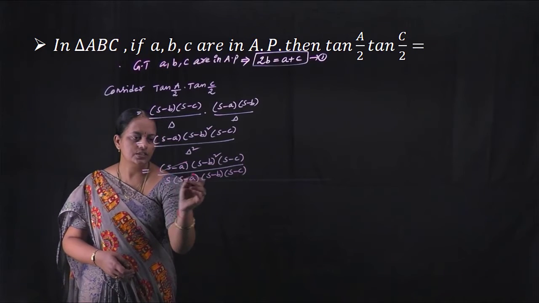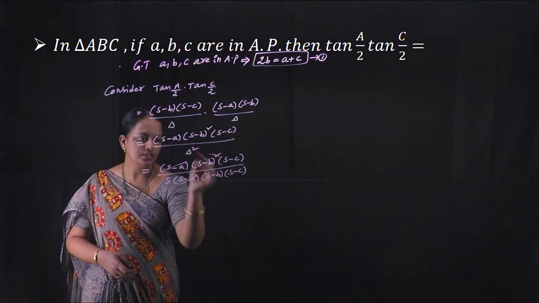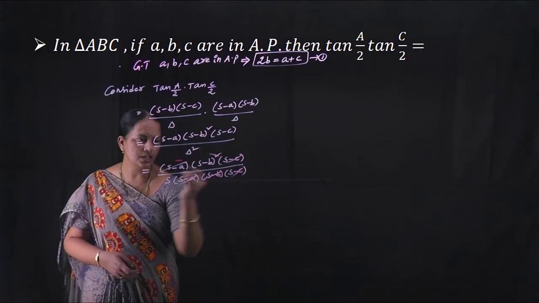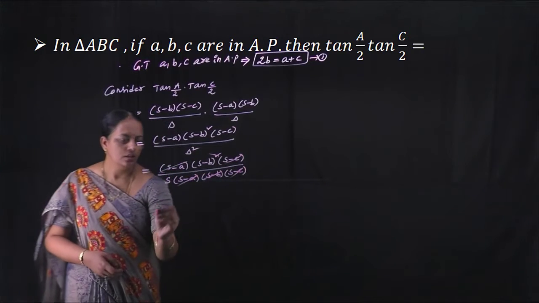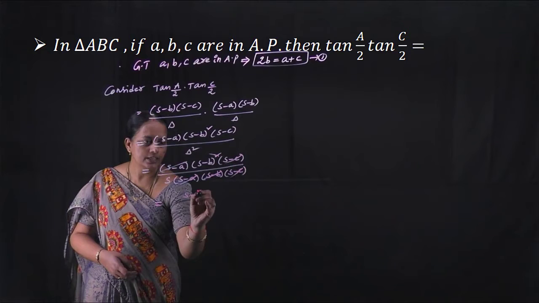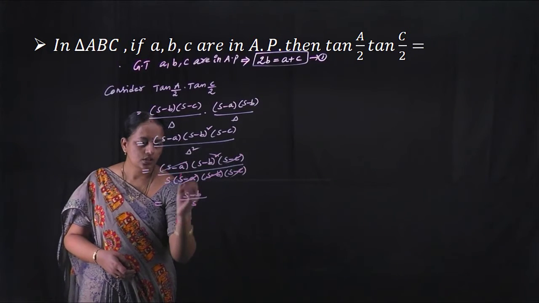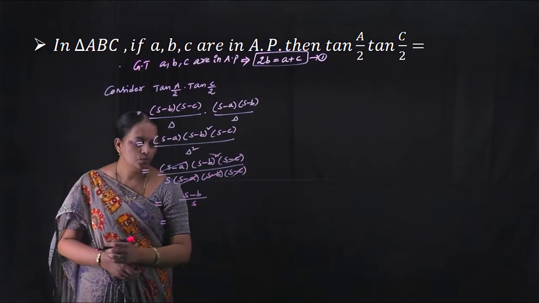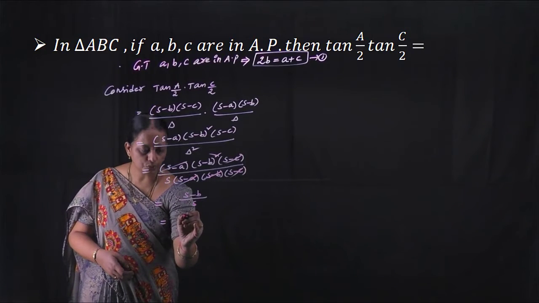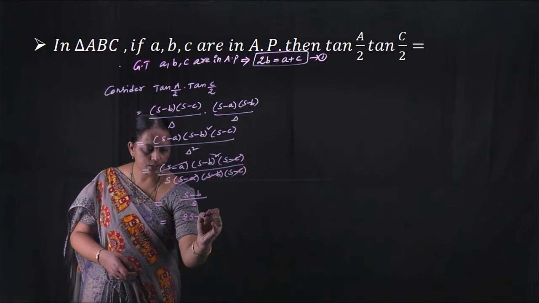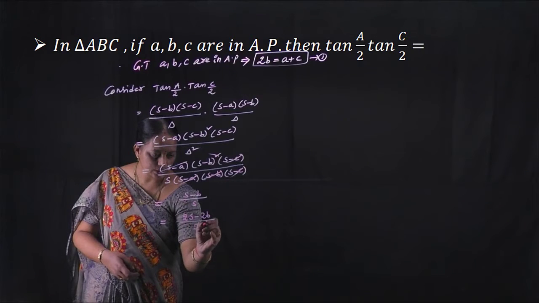Here (s minus a)(s minus a), (s minus b)(s minus b), (s minus c)(s minus c) gets cancelled. This is equal to (s minus b) by s. Now multiplying both numerator and denominator by 2, we get (2s minus 2b) by 2s.